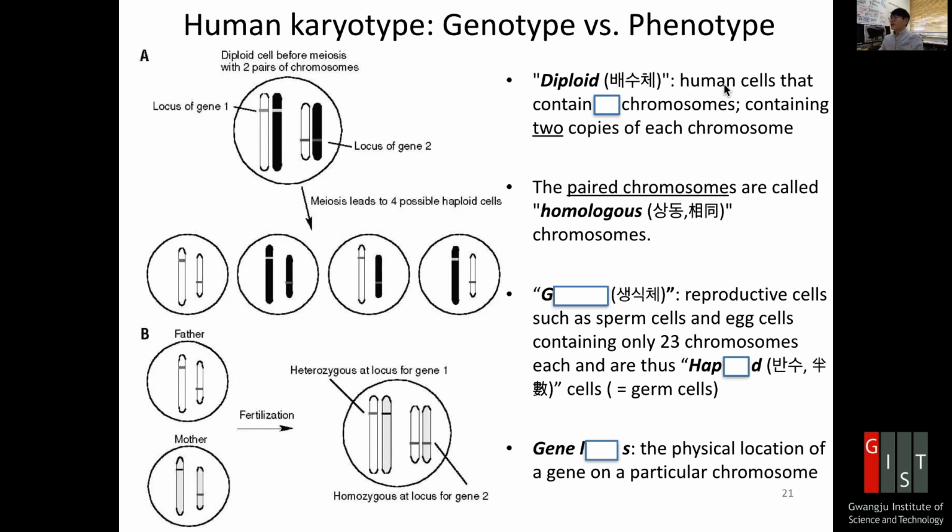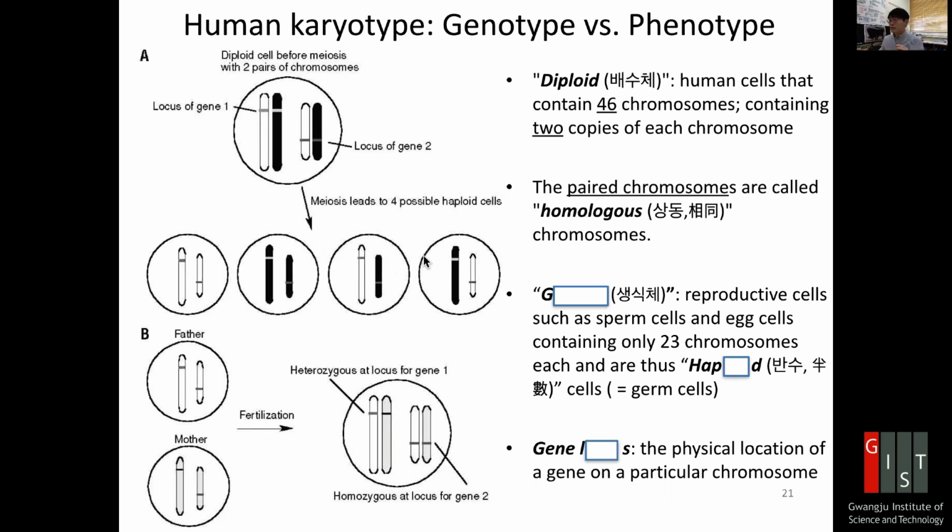So the human cells contain a total of 46 chromosomes, which is 2 copies of each chromosome, and that we call diploid. This di means a pair or 2. And the paired chromosomes are called homologous chromosomes.